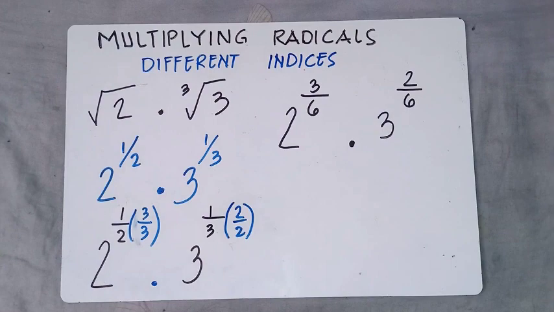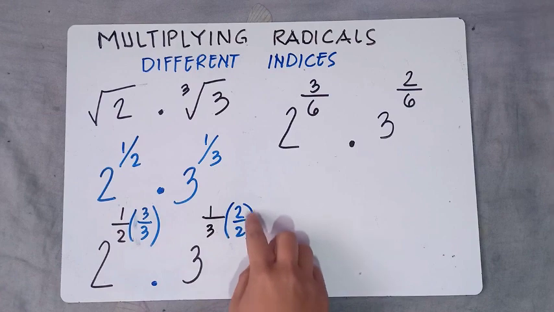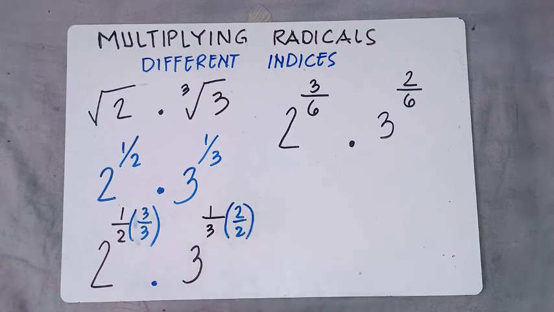Once again, do not forget, we get the common factor of 1/2 and 1/3, which is 6. We multiply 1/2 by 3 over 3, and 1/3 by 2 over 2. Why is that, sir? So that we can get a common index, which is 6, because the least common multiple of 2 and 3 is 6.